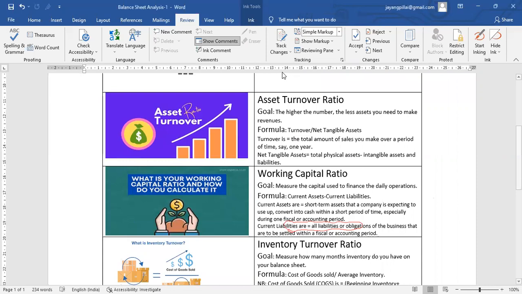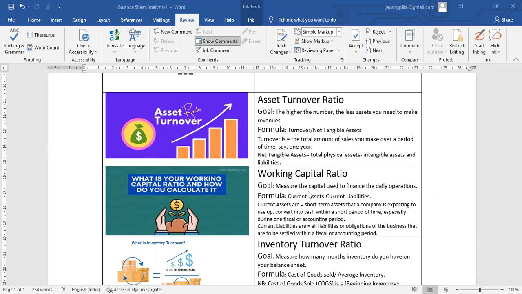The third one is working capital ratio. This is yet another important ratio we can get from the balance sheet. This also is very helpful in coming to know about the liquidity position, how a company is able to pay off its liabilities out of its current assets.